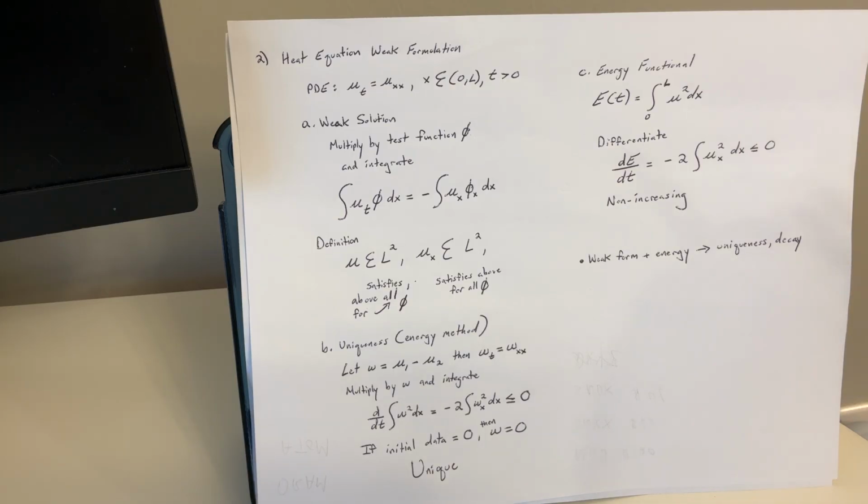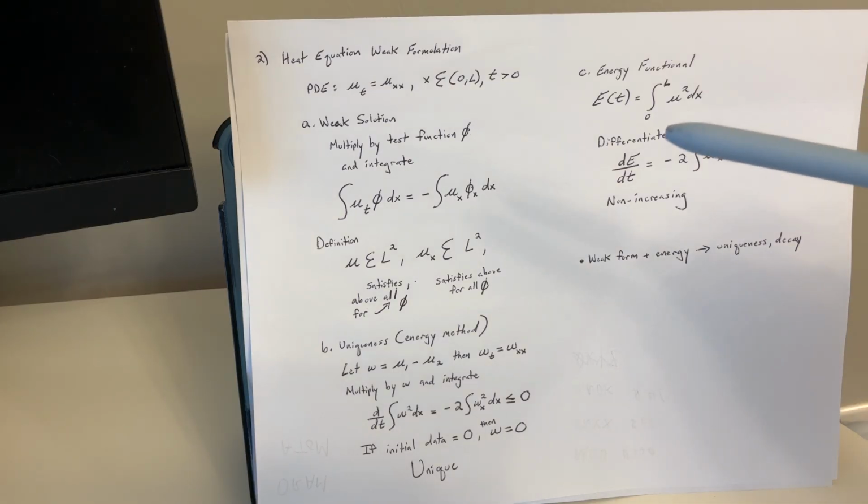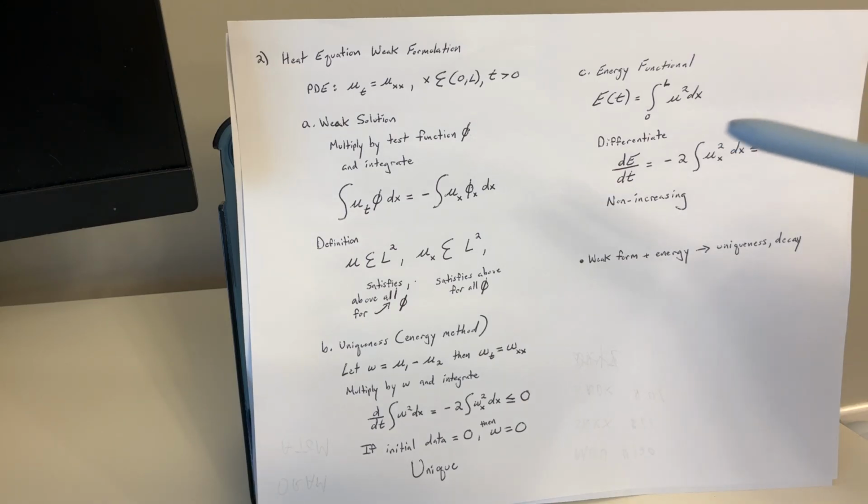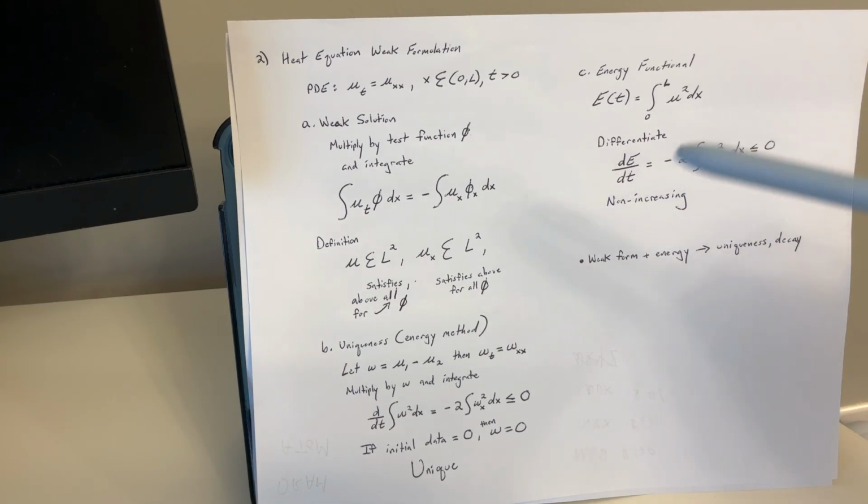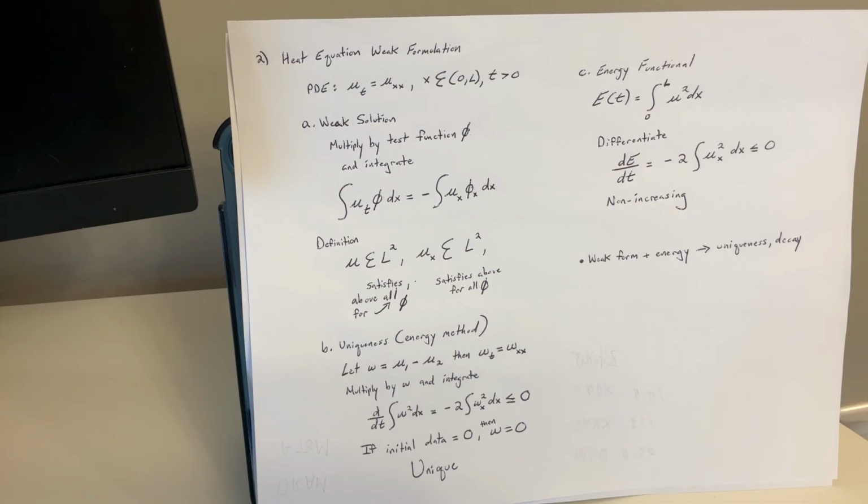And now we have letter C, the energy functional E of t, the integral from 0 to L of u squared dx. We differentiate both sides. dE/dt is going to come out equal to negative 2 times the integral of u_x squared dx. So you're integrating that, multiplying it by 2, and then it has to be less than or equal to 0.